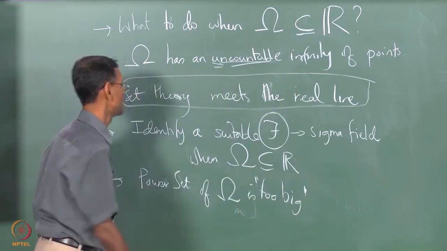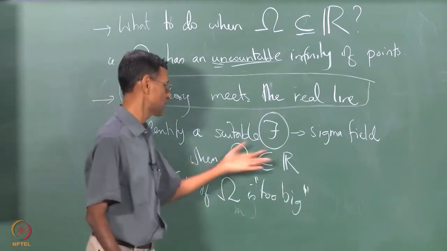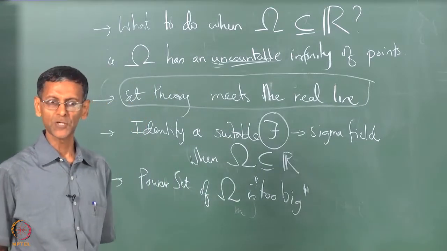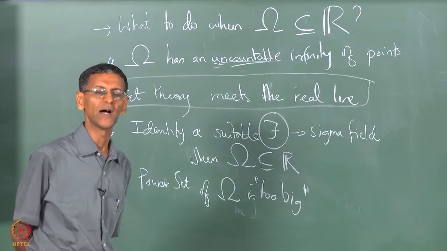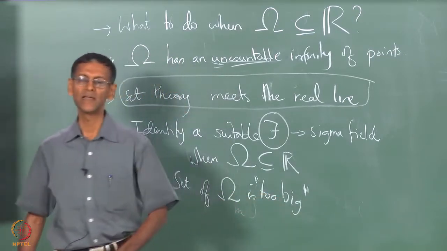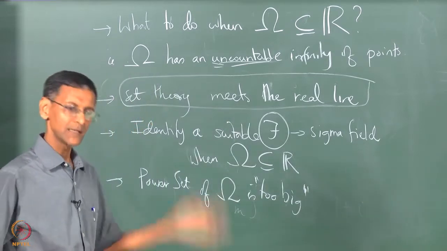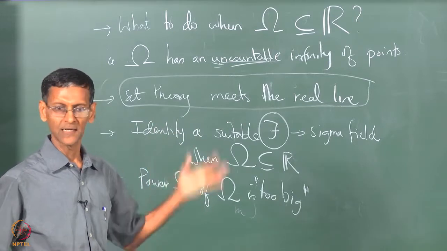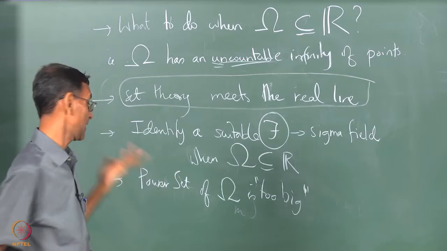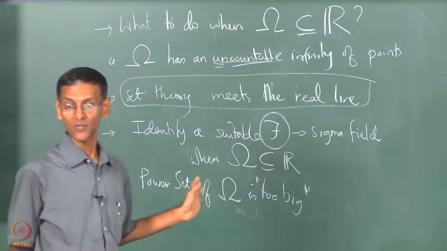The power set of such an omega, for any subinterval of R, of course for R it is whatever. Any interval of R, if you try to look at all possible subsets of that, the maths books say clearly that it is too big and it cannot be used because we cannot assign probabilities to all of these subsets in a consistent way. That is what they say, and no book that I have looked at ever gives a nice explanation of why it is too big.